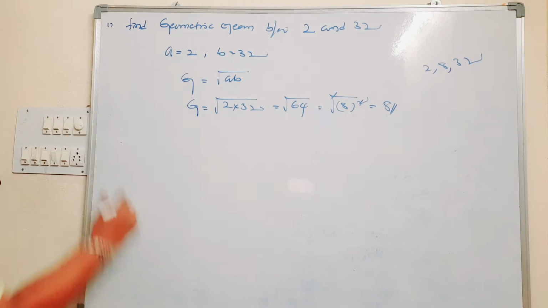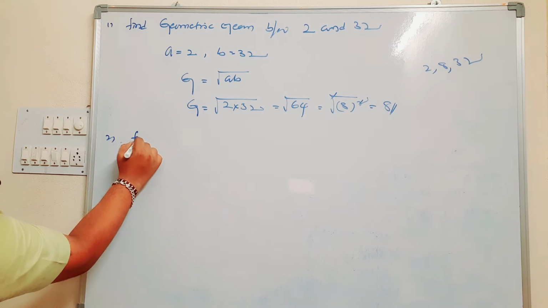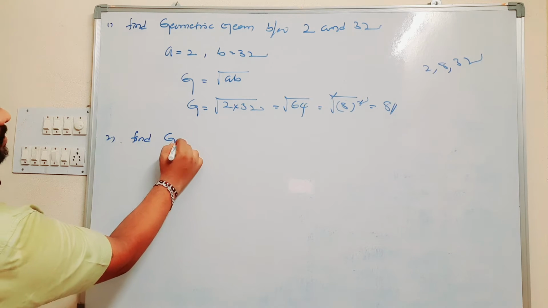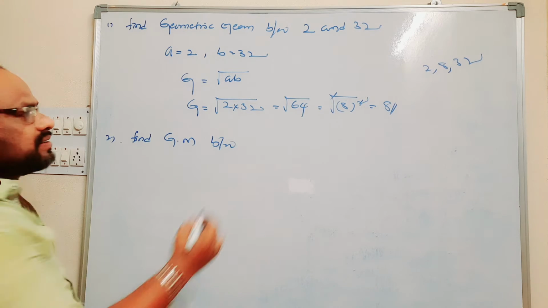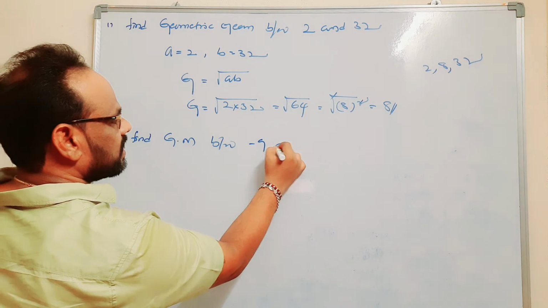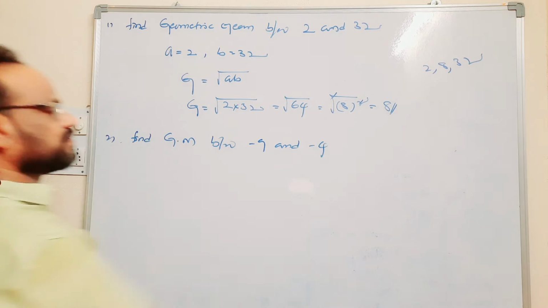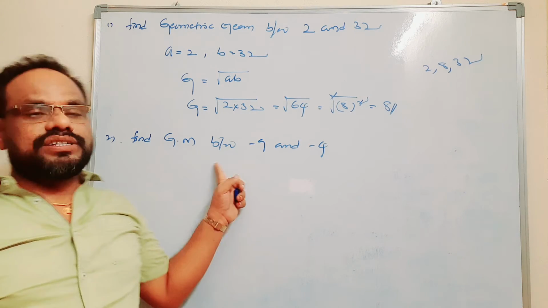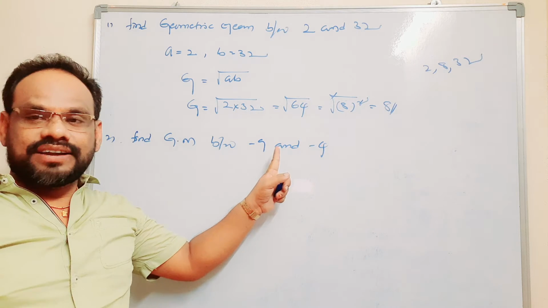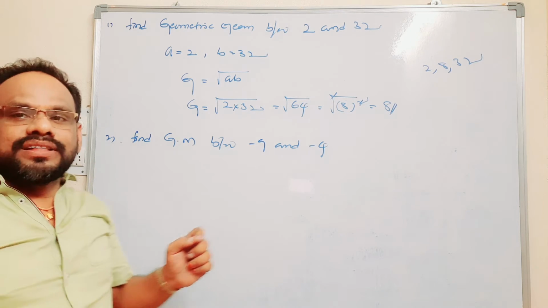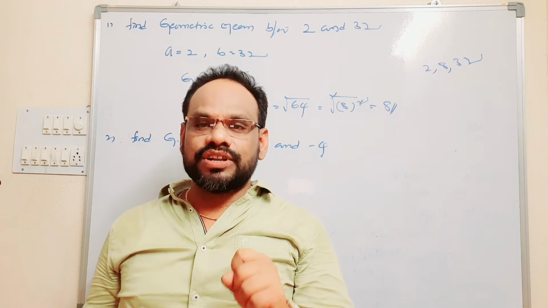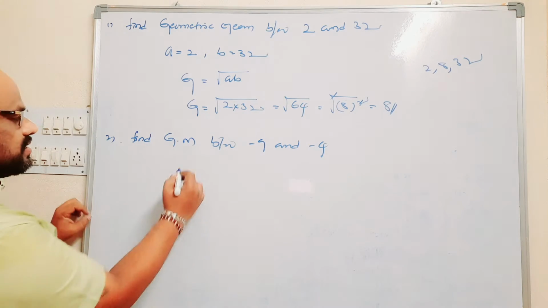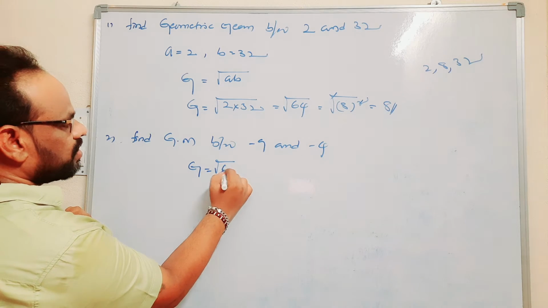Let us discuss another example. Find the single geometric mean between -9 and -4. We know that the geometric mean between any two given numbers is given by g equals the square root of ab.